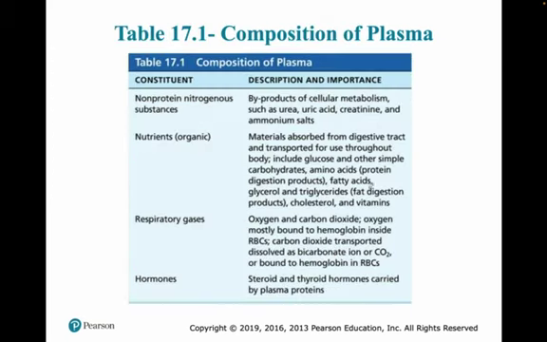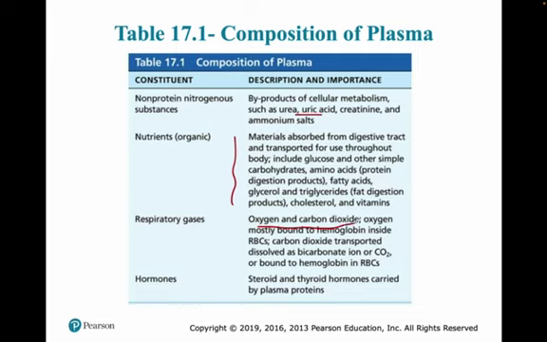There are non-protein substances also, for example, urea, uric acid, but these are mostly metabolic products and mostly waste products. Sometimes it can have nutrients, organic nutrients, of course. For example, like I said, it will have carbohydrate, it will have fats, amino acids, all of that. Then you have respiratory gases, which is nothing but oxygen and carbon dioxide mainly.